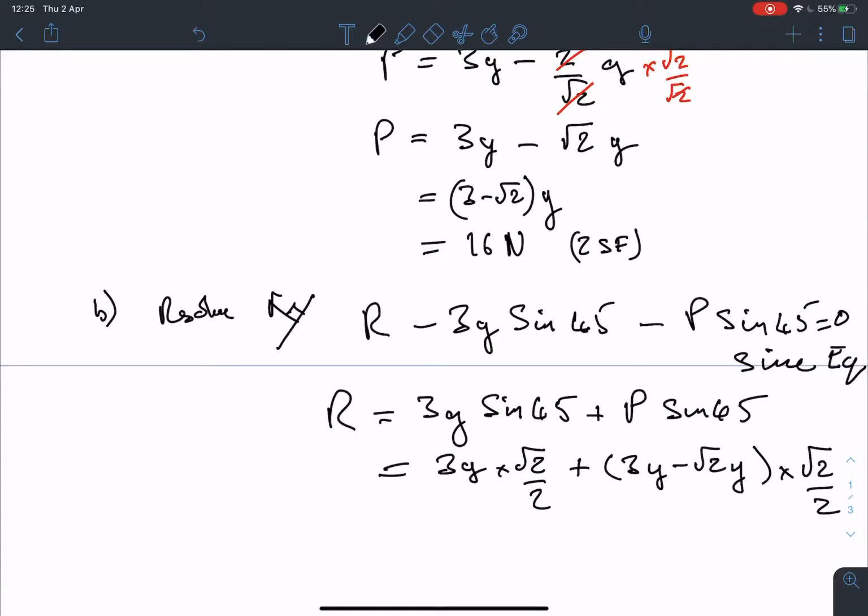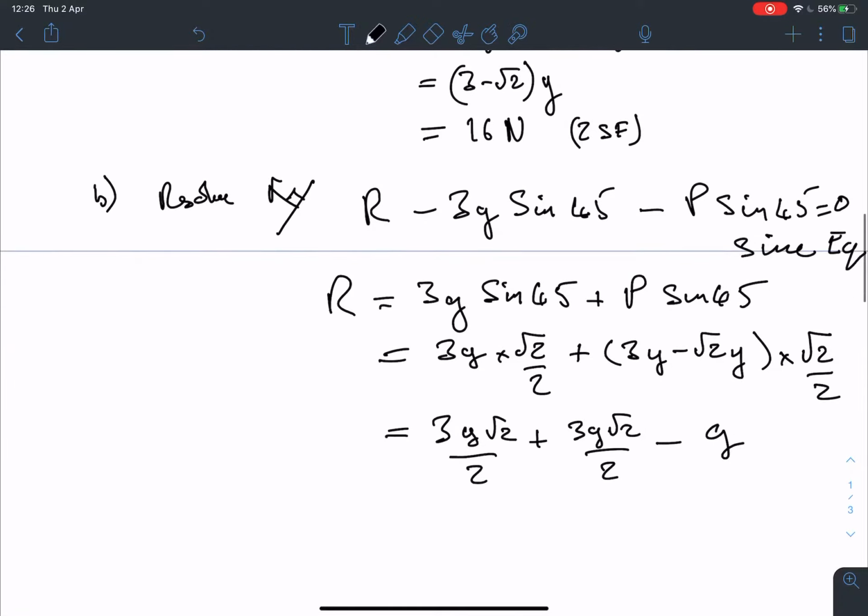So we've now got two lots: 3G root 2 over 2 plus, expanding this, 3G root 2 over 2, so they're the same, minus root 2 times root 2, which is 2, all over 2, so it's minus G.